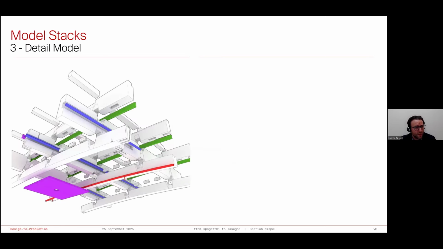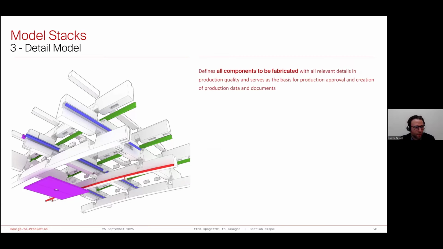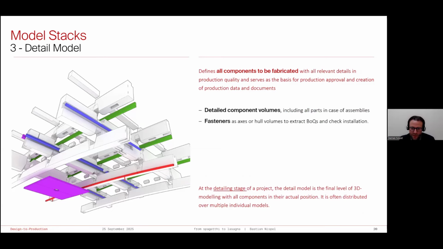Afterwards, and this is a different scope, where it's not about pre-project or pre-tender, we go to the manufacturing side, and they of course want to have production data. Therefore, we create detailed models where all components that will be fabricated are included with detailed volumes and fasteners and whatever is necessary to define all these fancy cutouts and shapes.